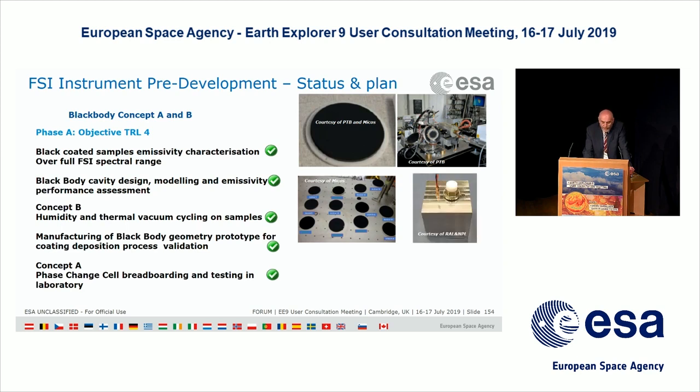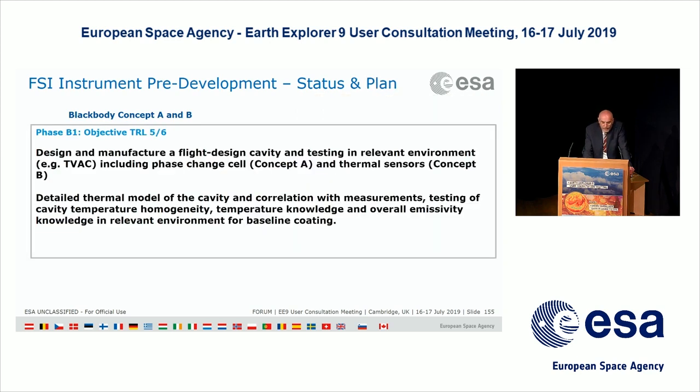Now, for the phase B1 objective, the objective of TRL 5 to 6 will be achieved by designing and manufacturing a flight design cavity and testing it in a relevant environment in order to confirm the achievable performance in terms of temperature homogeneity and achievable knowledge of the temperature and emissivity for the baseline coating selected.